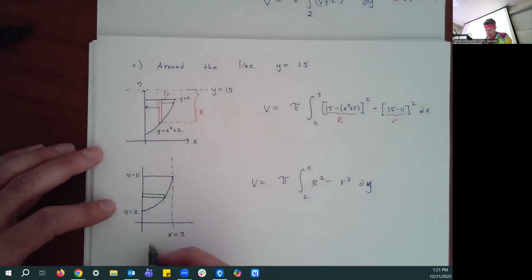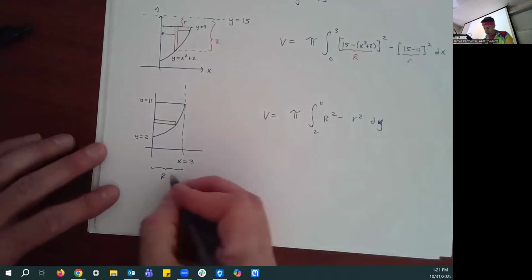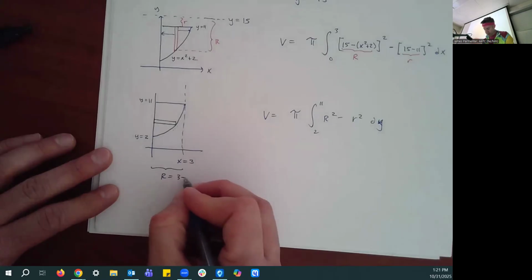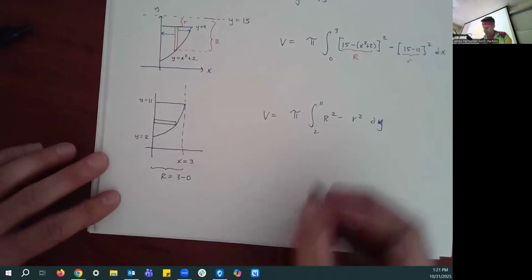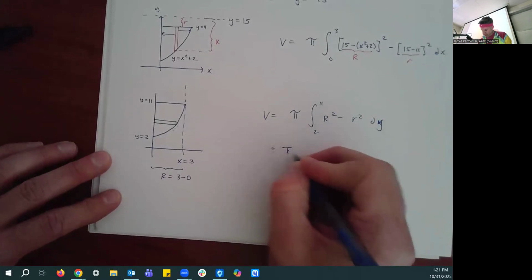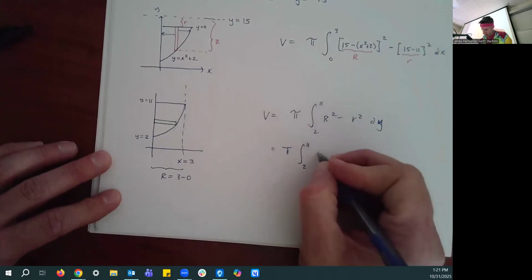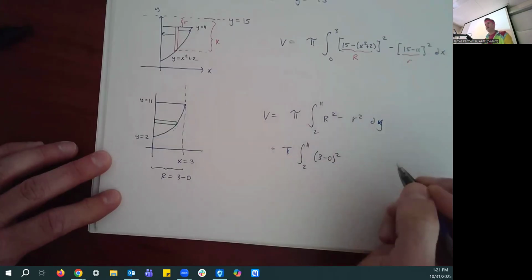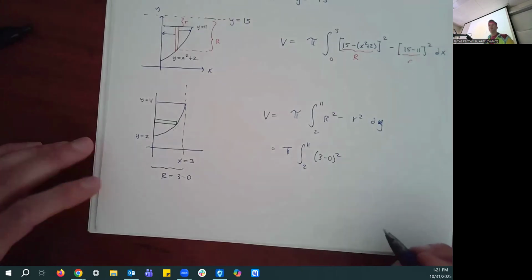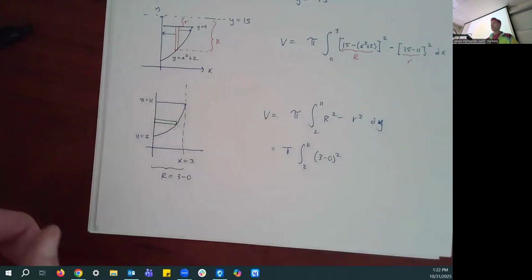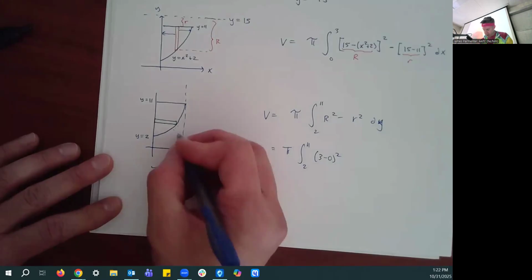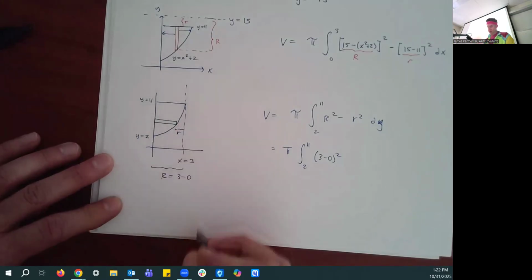Our outer radius is that distance there, which is going to be 3 minus 0. You don't have to write 3 minus 0, but I do think it helps people see that you really know what you're doing. And then my inner radius is going to be that right there.